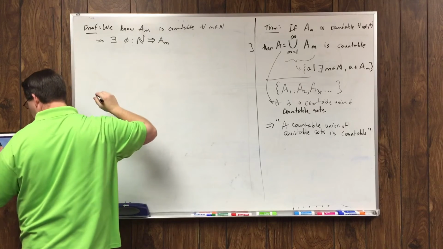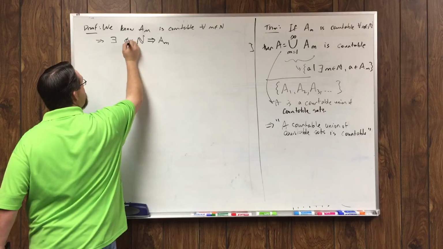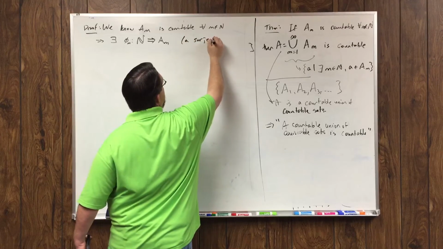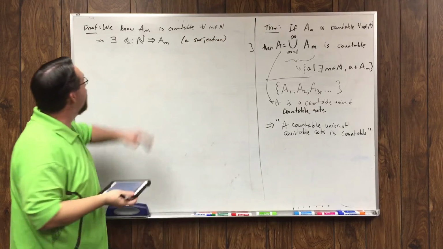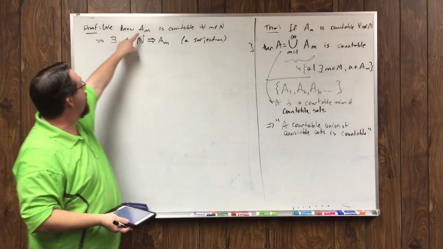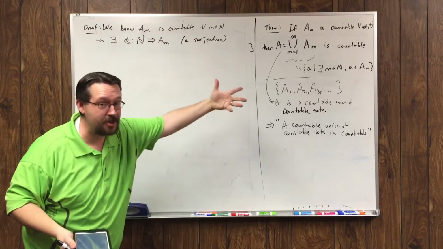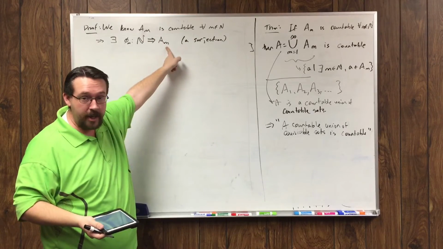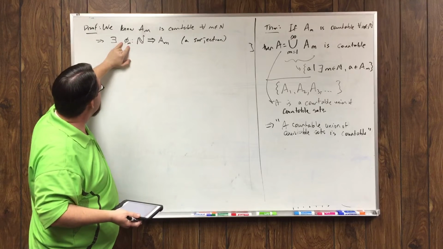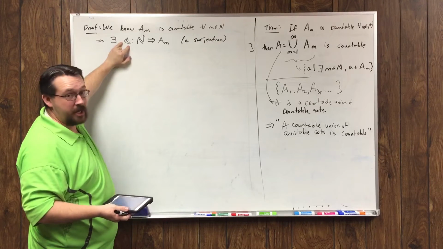In fact, let's call it phi sub m. And I'm using the previous theorem to say all I really need is the surjection part. I only need that it's onto. Okay? Because if A sub m is countable, then there exists a surjection from N onto A sub m. Okay? And so let's let this index function here be those surjections.